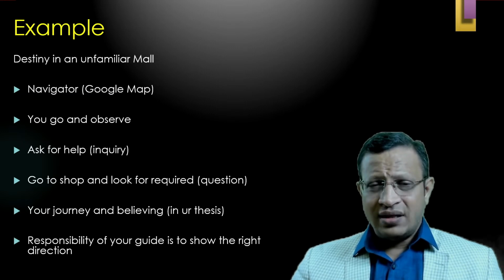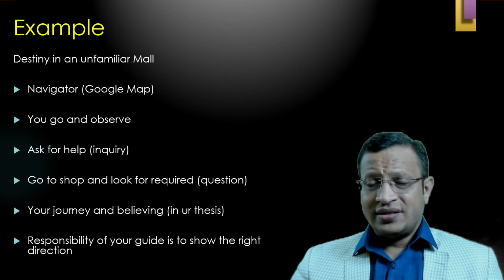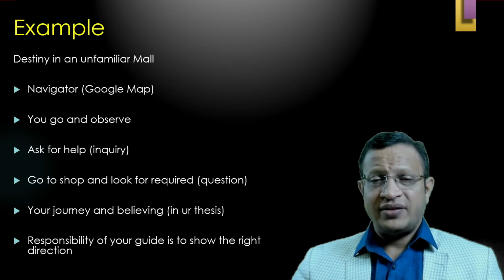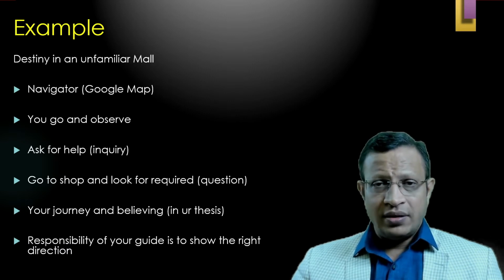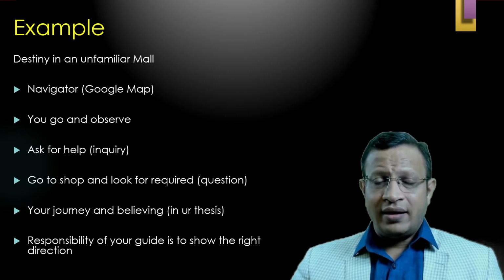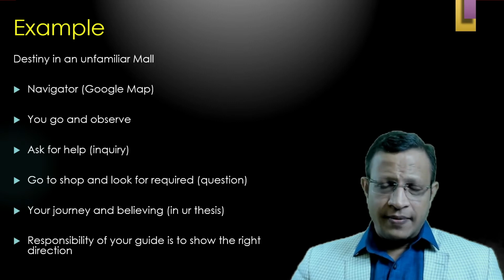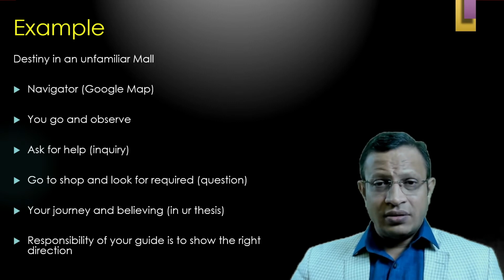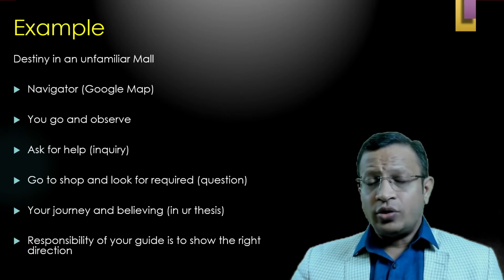Then you will ask at the inquiry, where are the laptop shops? They may suggest which shops are available, and they may say there are 2-3 shops. You will go to that shop and you will again talk to the salesperson. That means you have been guided even to buy a laptop.